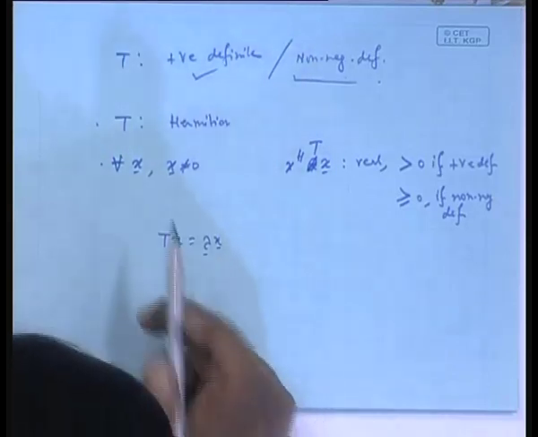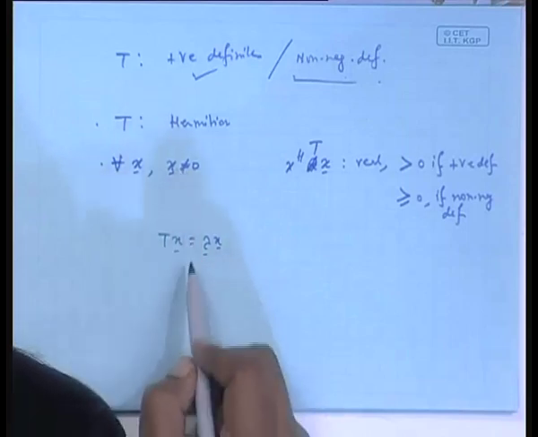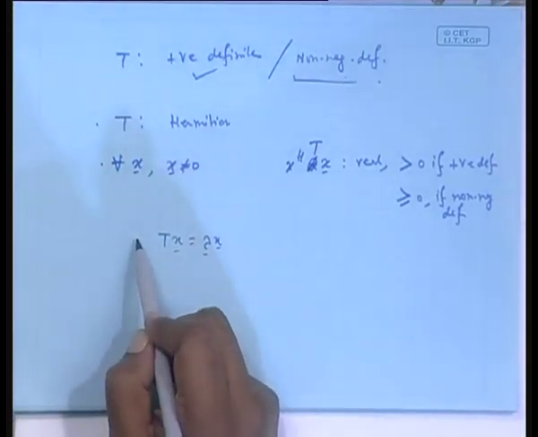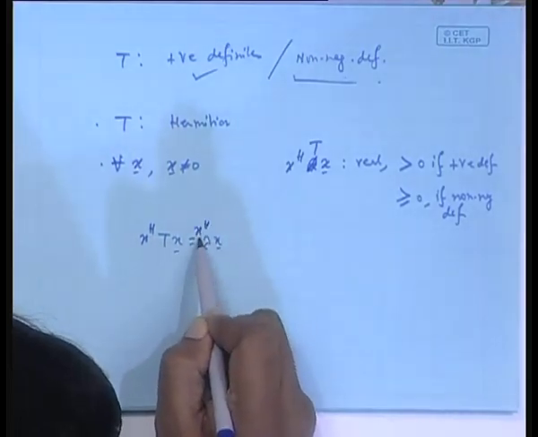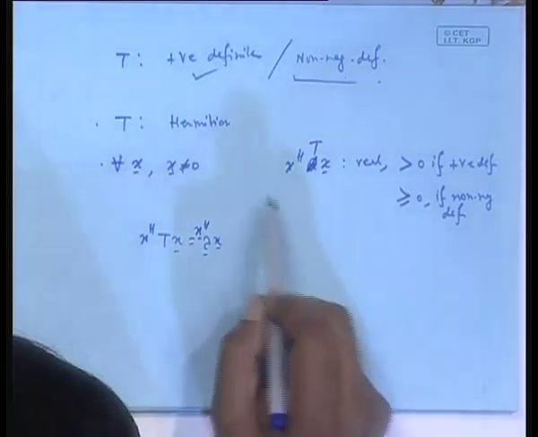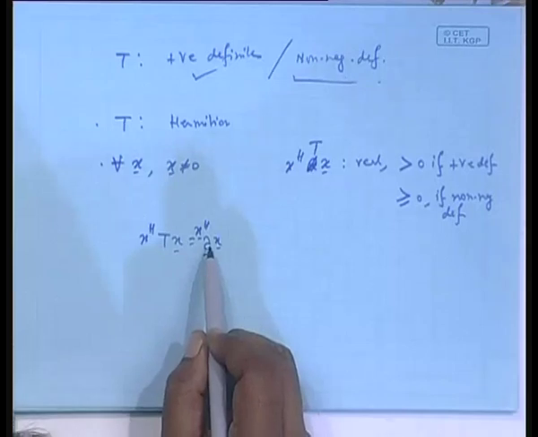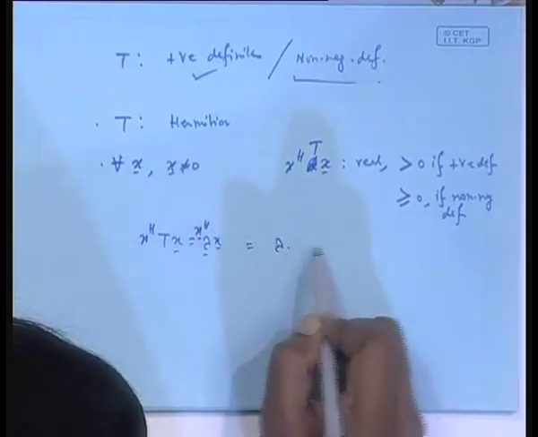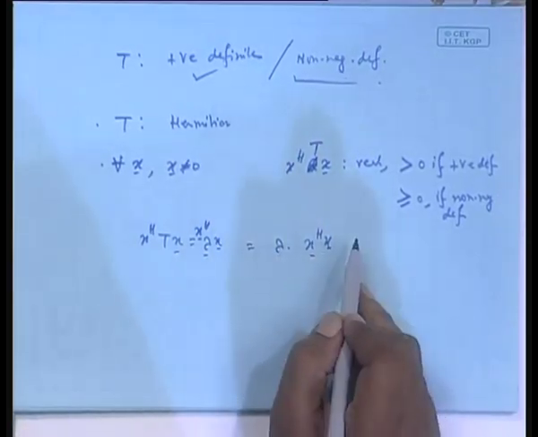So here I said for all x, where x is non-zero. Now I pick up x itself and multiply here, so this must be real, which is of course the case, because this becomes lambda times x Hermitian x, and x Hermitian x is always real.